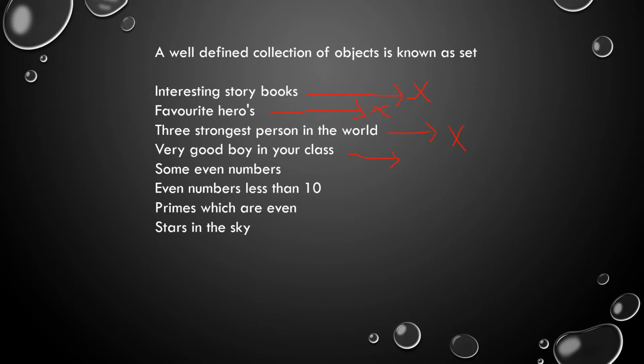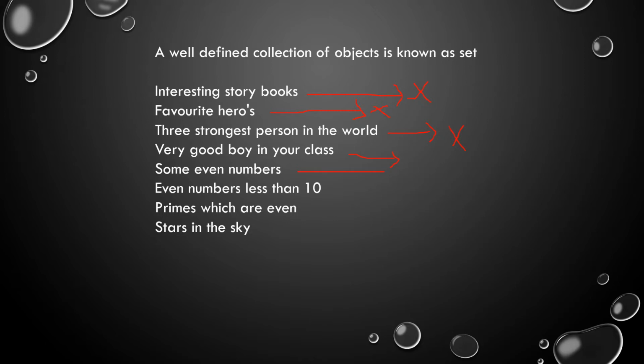Even in that case, if you are impartial, you will not write your name. Even then the objects are not the same, because you will write your best friends' names as good boys, and the rest will write their own best friends, if they are not partial, because they will not write my name. But when you answer very good teacher in your school, definitely I will say my name. So I am partial, and that's why it is not common.